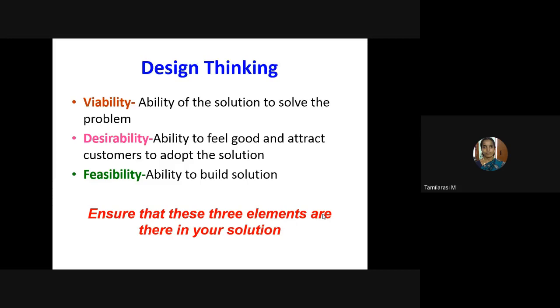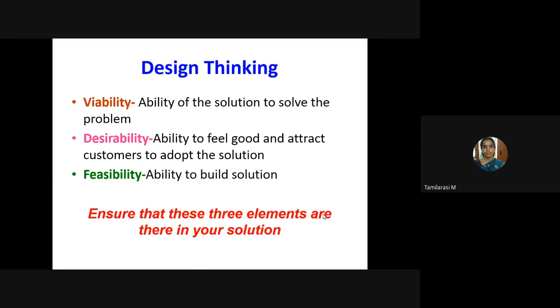If you are not making customers know the importance of your product, or if you could not attract the customer towards your product, then definitely you cannot achieve commercialization, that is, you cannot achieve a successful market. So that is desirability: attracting the customers, in such a way you have to develop your product.